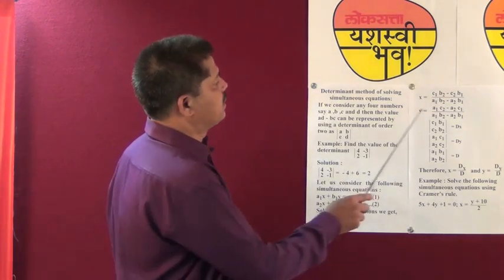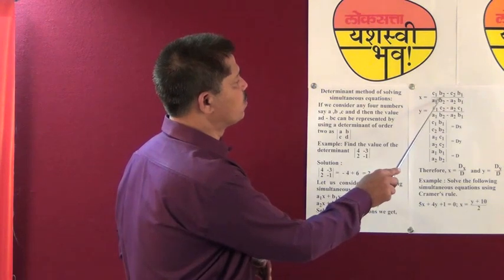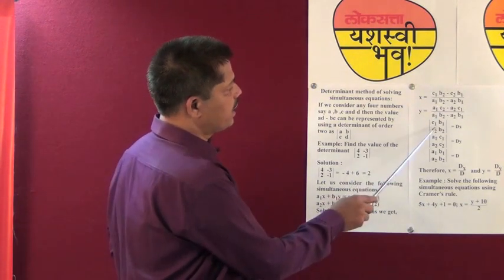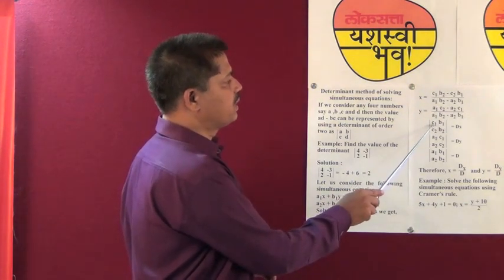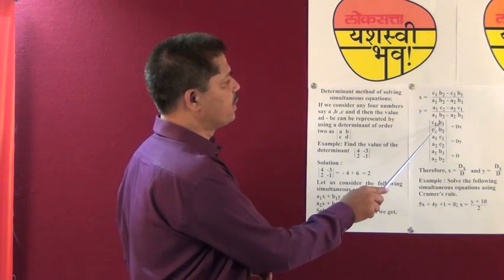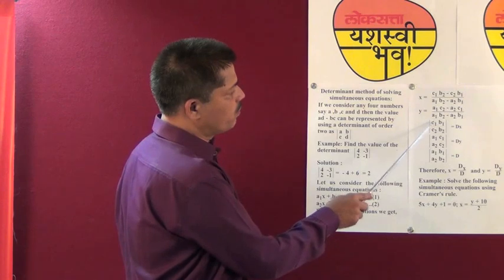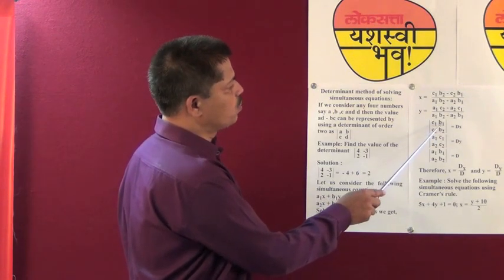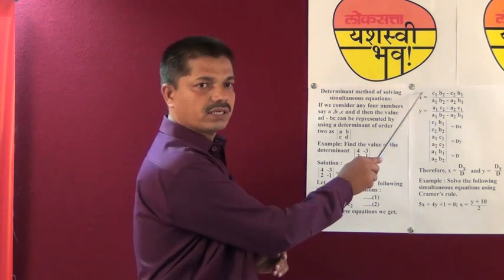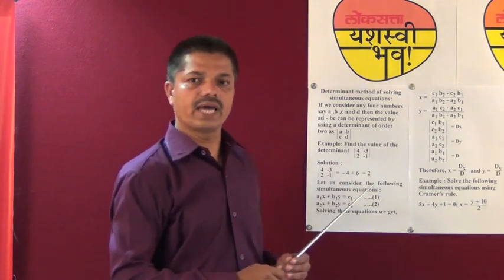If you look at c1b2 minus c2b1, it can be expressed as the determinant having c1, b1, c2, b2, and if you see the value, we get c1b2 minus c2b1, which is the numerator of the value which we get for x.